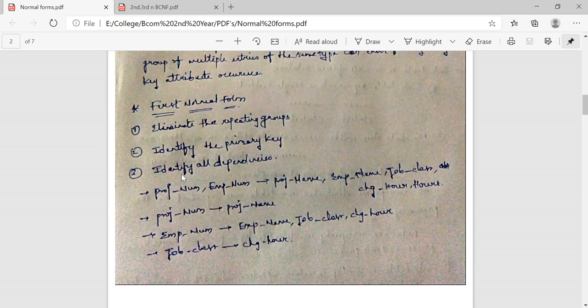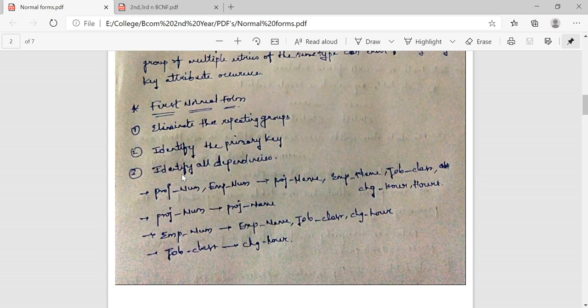That key can be a single attribute or a composite, meaning two to three attributes. Generally we will use single or two attributes. If the non-prime attribute, the attribute which is not part of the primary key, is identified with the help of the primary key, then it is okay, it is fully functionally dependent.